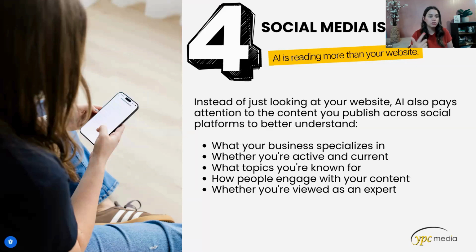I talked about article features and things like that, but having another place to publish those gives you more touch points with each part of the AI. How people are engaging with your content matters too. It's going to be able to read through those comments and what your post copy says, which is really important. They're looking to see how people are engaging with that.